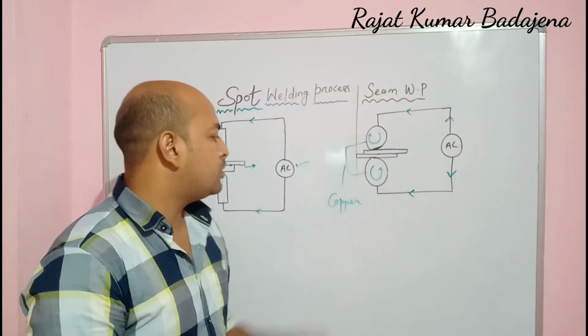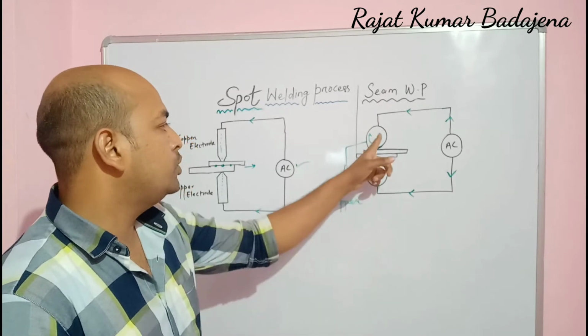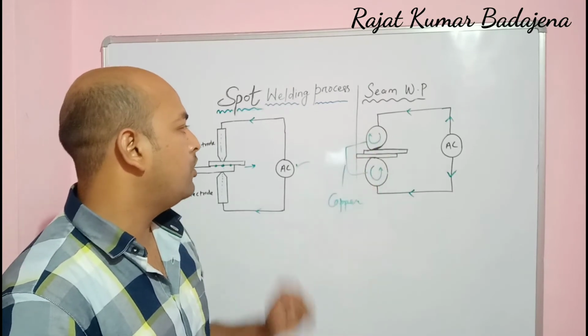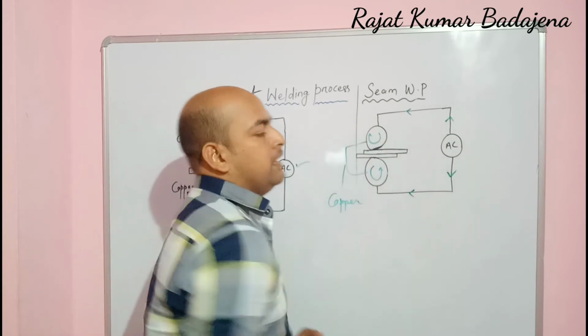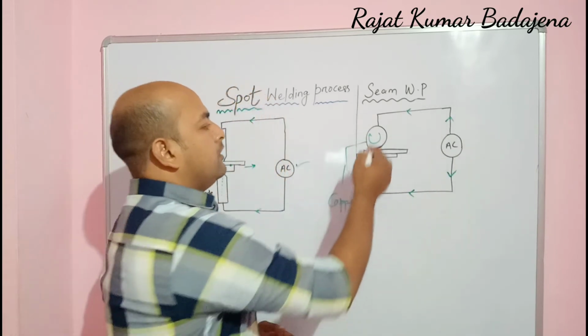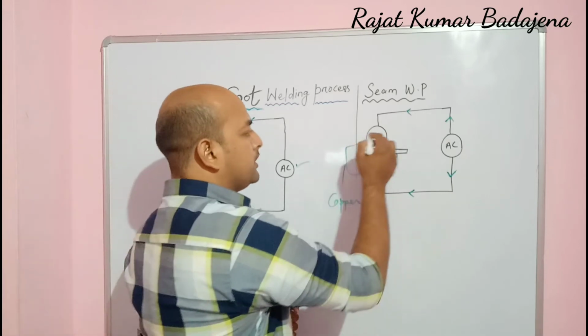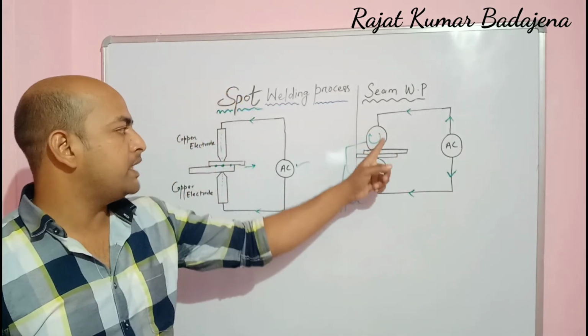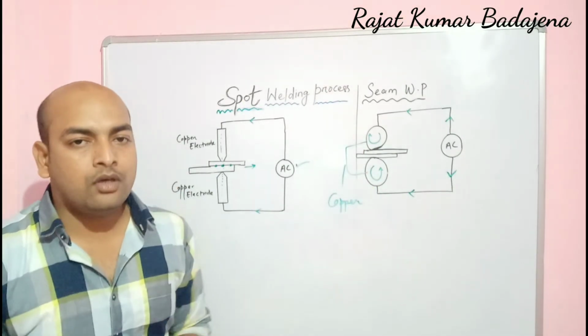These two electrodes are copper electrodes, and by the help of these two electrodes, or you can say the two rollers, while the current supply is there from the AC supply, the electrodes rotate, or we can say the rollers rotate. One rotates in the clockwise direction and the second one rotates in the anti-clockwise direction.